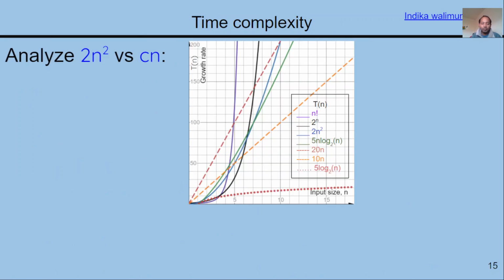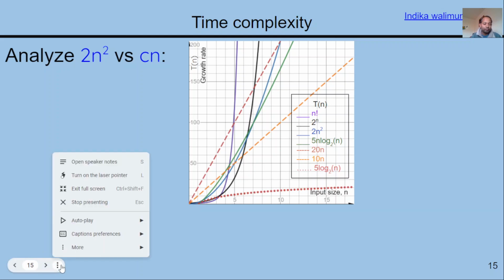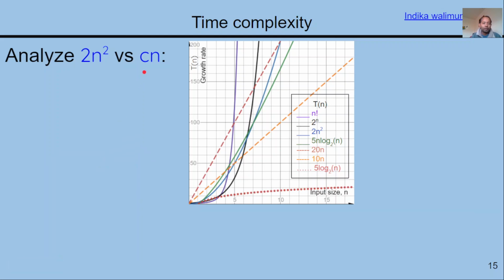All right, so we're going to talk about time complexity. If we take an example, we're going to analyze 2n to the power 2 versus a constant times n.